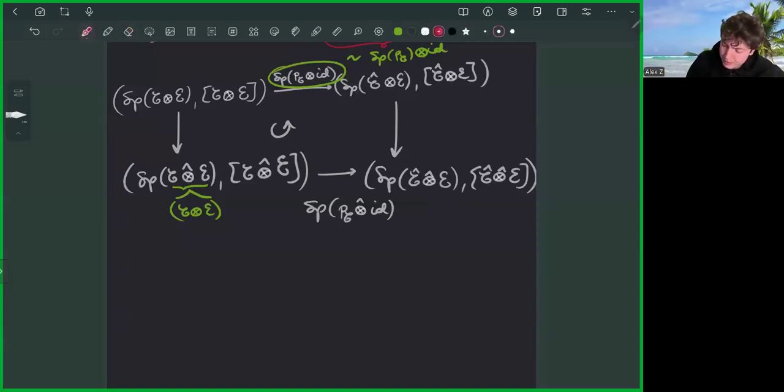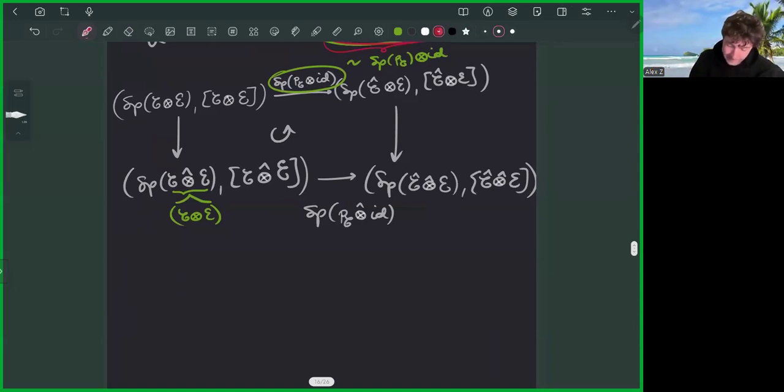Okay, so where was I? Yes, okay. So now the claim is the following. We know that this thing here is SPPC, and then here this times identity.